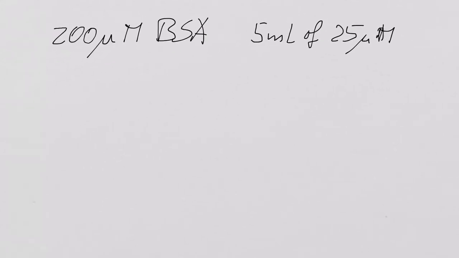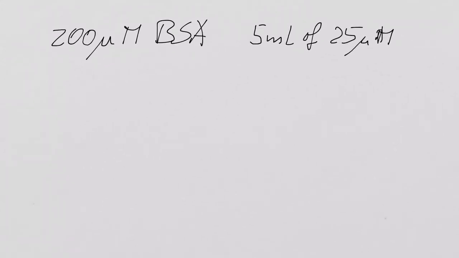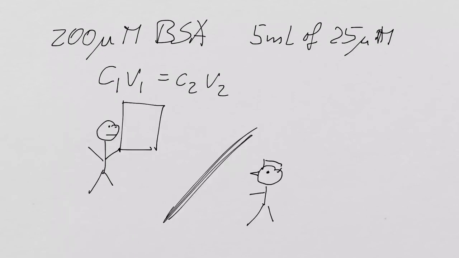So actually, what have we got? Here's a solution. C1 V1 equals C2 V2. Okay, over to you guys. Got something for that? Pretty straightforward. C1 V1 equals C2 V2.